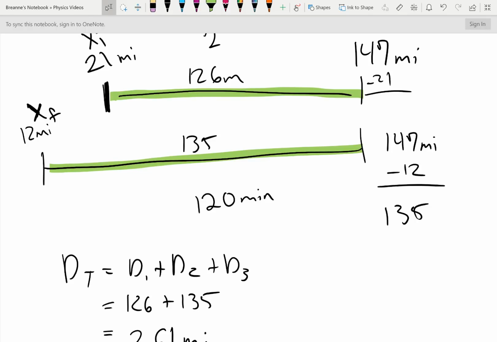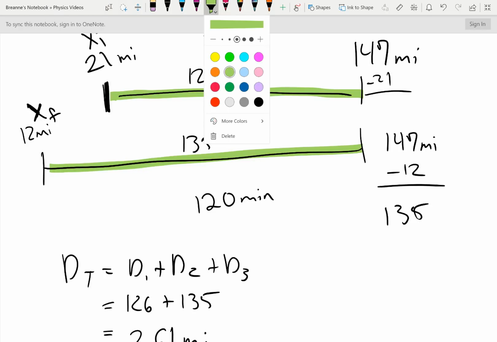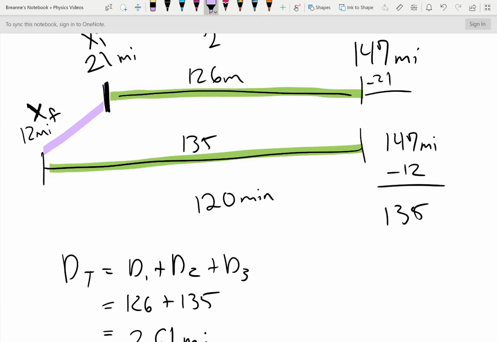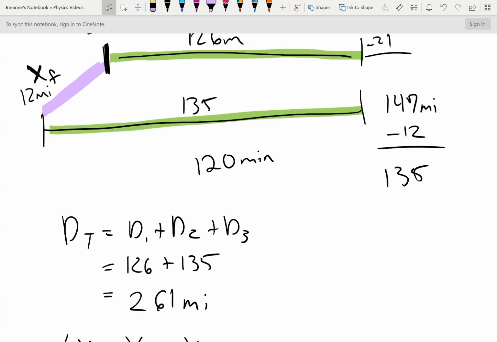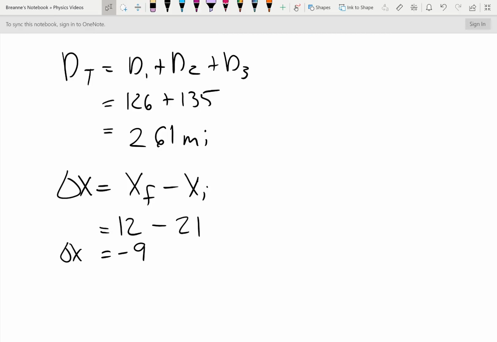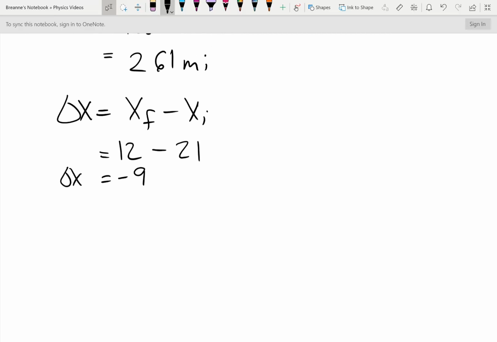Let's say you started at home, you drove, you realized you forgot your homework, so you had to drive all the way back to CTC, which is past your home. This right here would be your displacement. It wouldn't be at an angle, it'd be straight. I just drew it that way so you could see it.